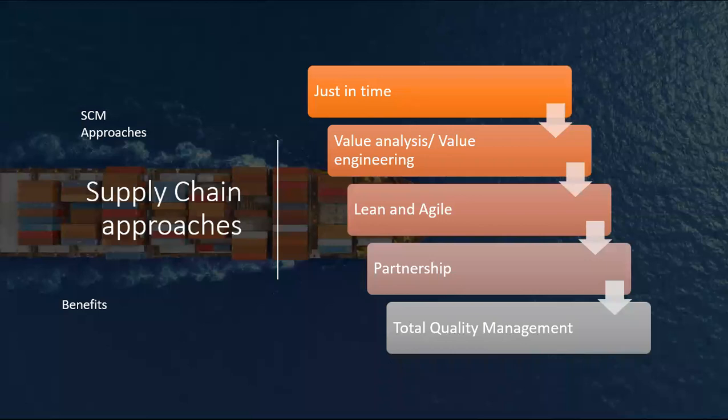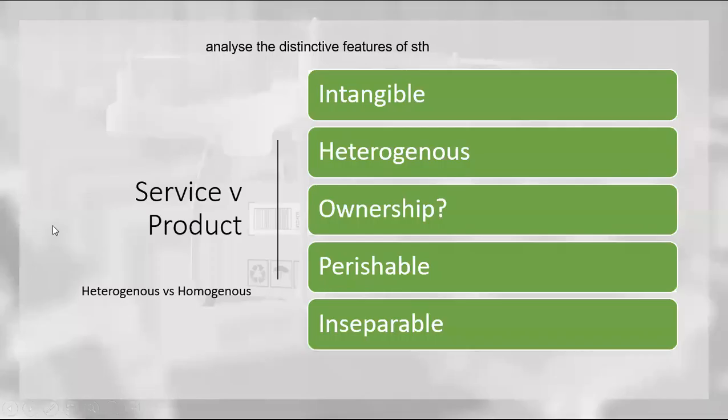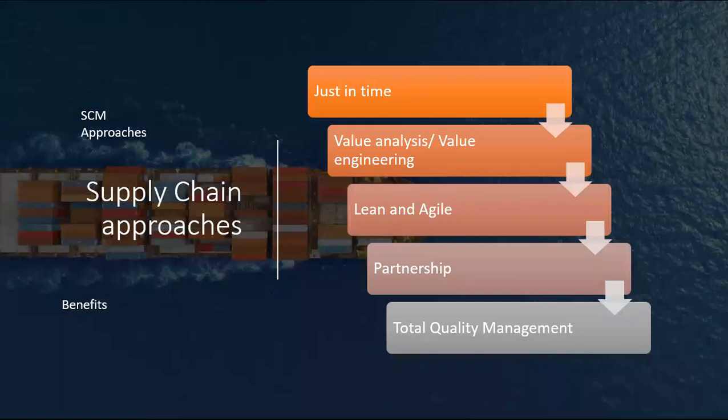TQM will help you to stabilize the quality, etc. All of them will help you to increase the overall profit of the organization. To know about these approaches, I strongly recommend you visit other modules before taking the L4M1 exam.